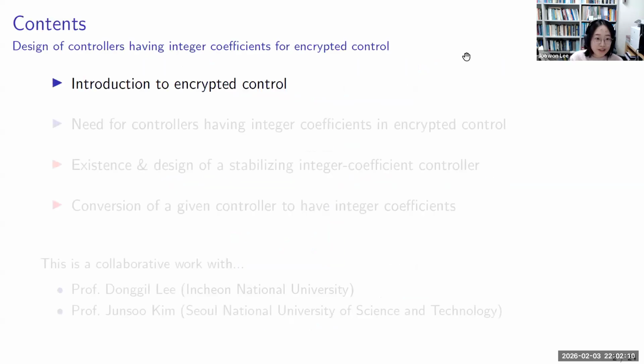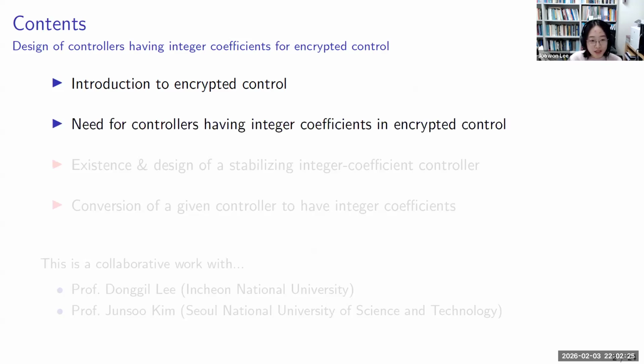So here are the contents of today's talk. As this is the title of this talk, I'll first briefly introduce what encrypted control is, and then I'll explain why we need controllers having integer coefficients in the context of encrypted control. And then I'll introduce our recent research on the existence of a stabilizing controller having integer coefficients and how to design it.